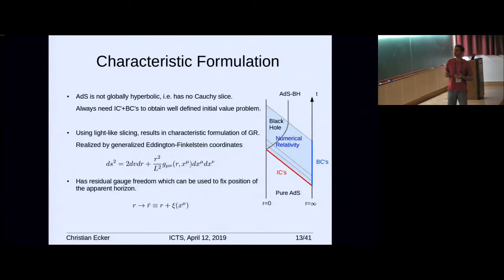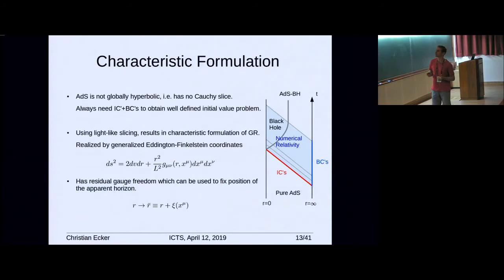What that means is we have to find some way to make the equations, starting from some initial condition, consistent on the time evolution. One thing that one encounters in AdS is that anti-de Sitter space is not globally hyperbolic, so it doesn't have a Cauchy slice.